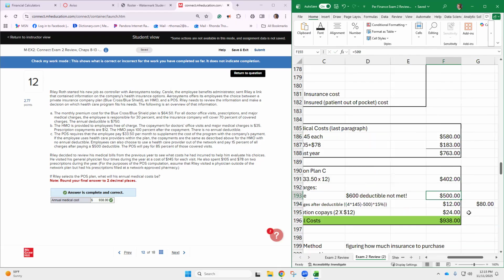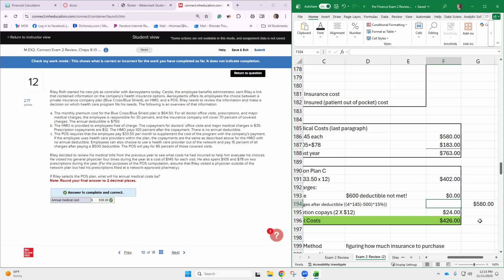You don't pay for a $600 deductible with $580 worth of costs. So all you need to do is take the deductible out, and you're going to have to pay all of that medical bill because that medical bill didn't surpass the deductible. So you're going to have to pay it all.